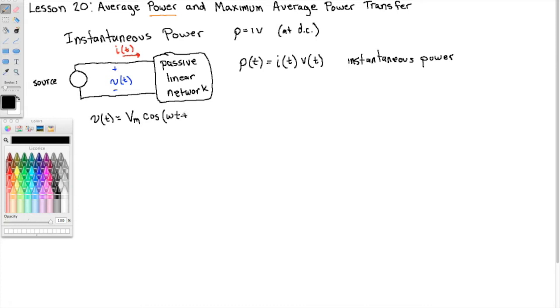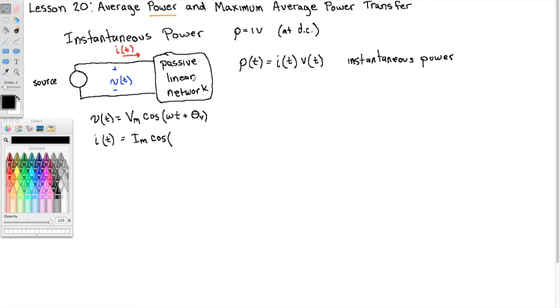We'll say it has some phase, and we'll call it theta V. Right, and let's say the current also is going to be a sinusoid, and it will have an amplitude Im. We'll say it's a cosine wave.